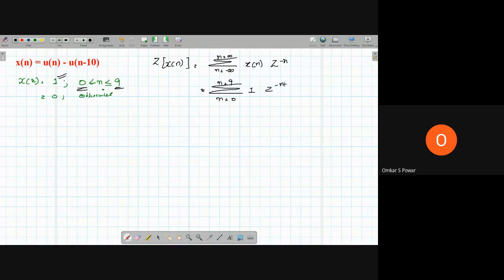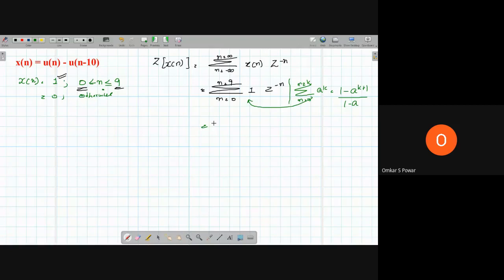How can we simplify this further? In mathematics, you have learnt one formula. What is that formula? Summation n is equal to 0 to k of a power n is equal to 1 minus a power k plus 1 divided by 1 minus a. Using this formula, we can solve this one.